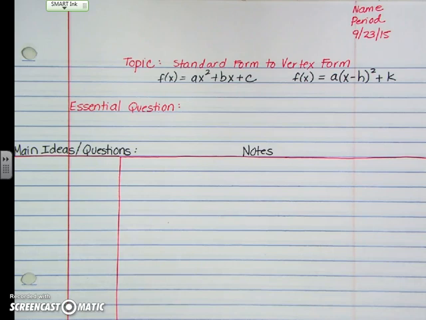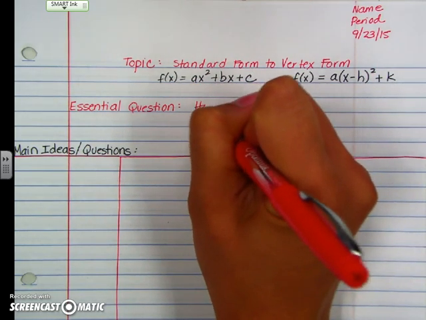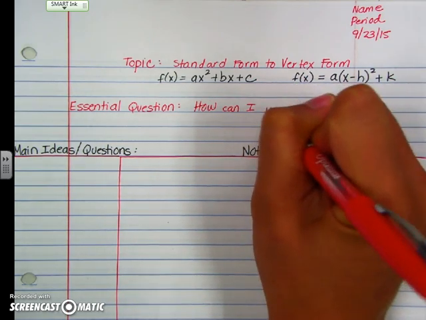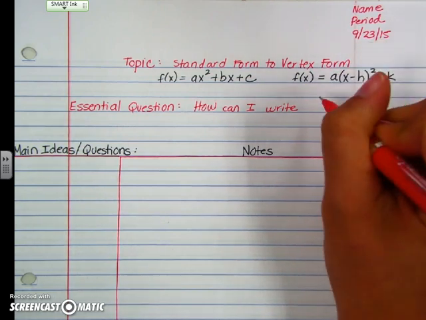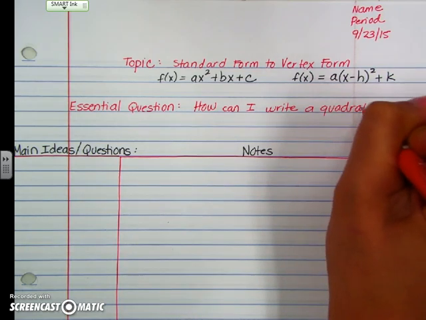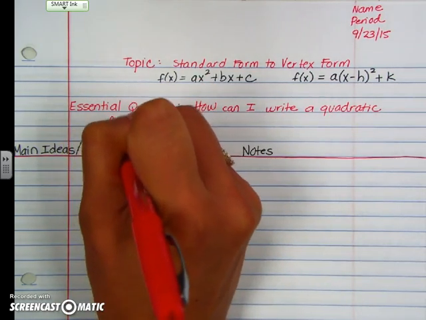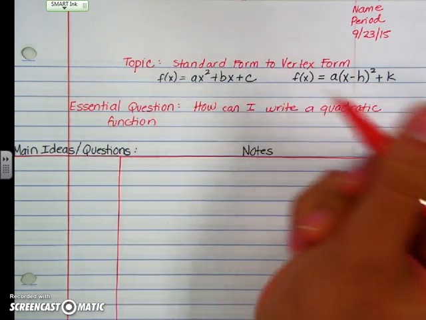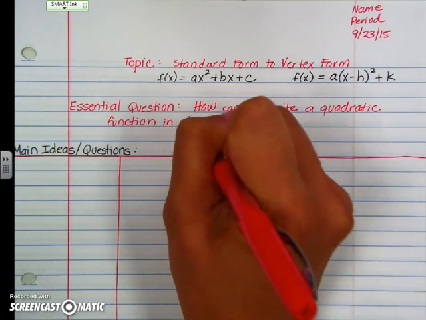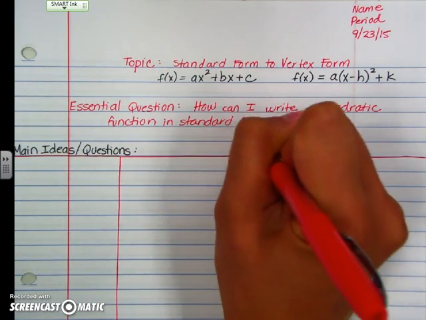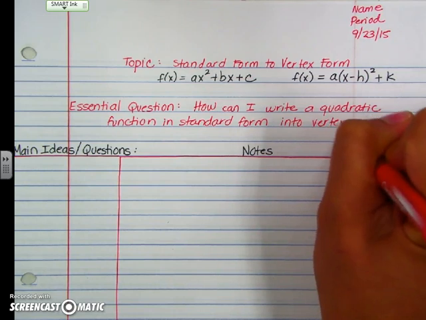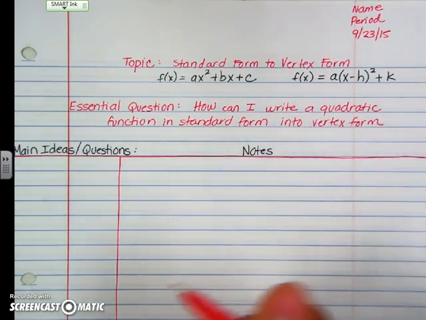Okay, so our essential question is, how can I write a quadratic function in standard form into vertex form and vice versa?